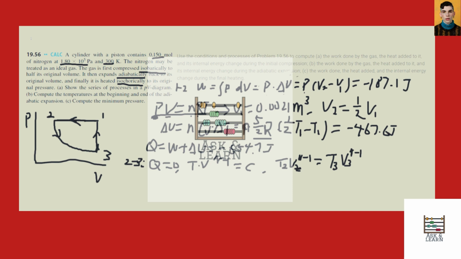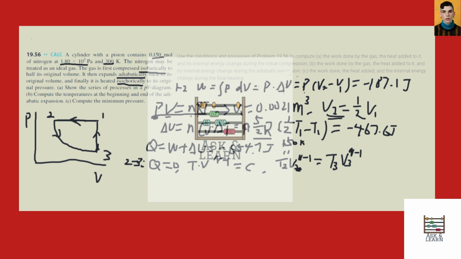T2 is simply equal to 150 Kelvin, and V2 is half of V1. And T3 is the unknown variable.